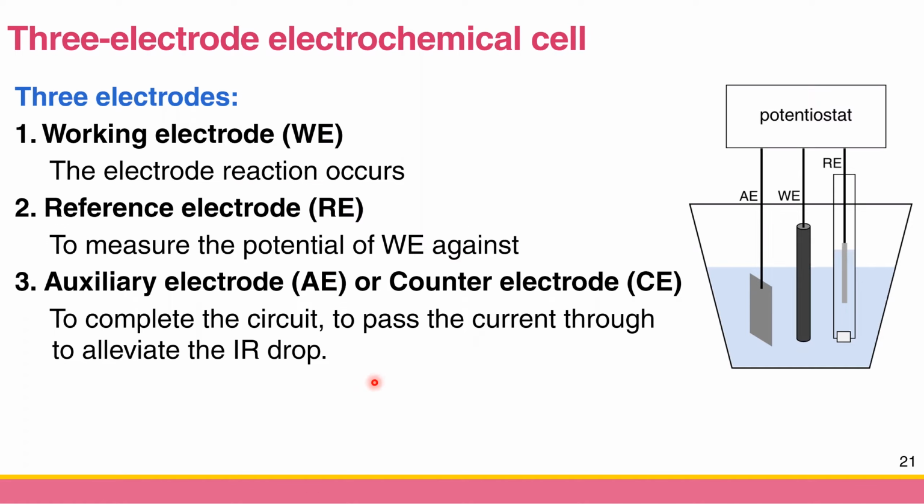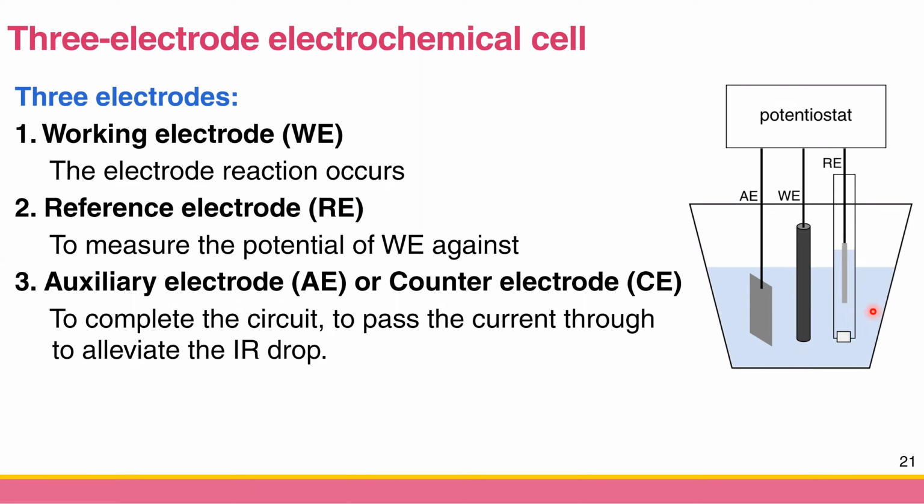You can imagine that if we don't have the auxiliary electrode, we're going to have only the working and reference electrodes, and the current will flow through these two electrodes. And if the current flows through these two electrodes, you're going to have the ohmic drop, or the IR drop.